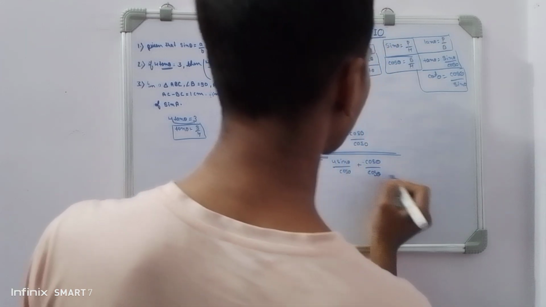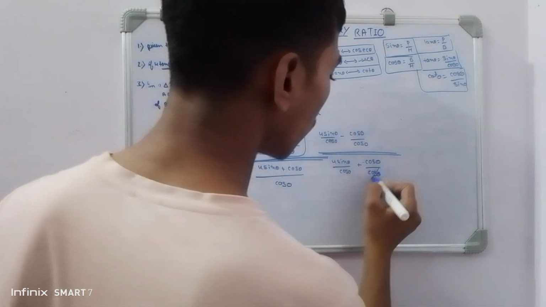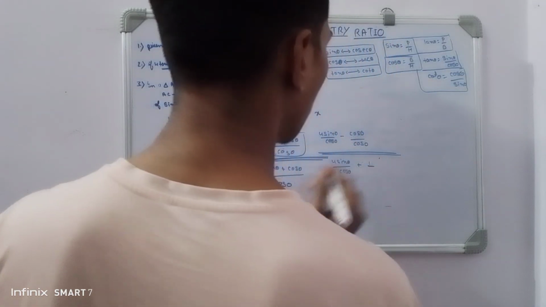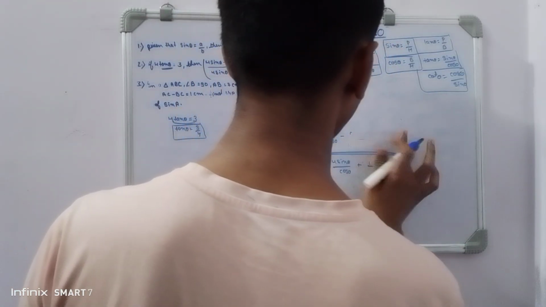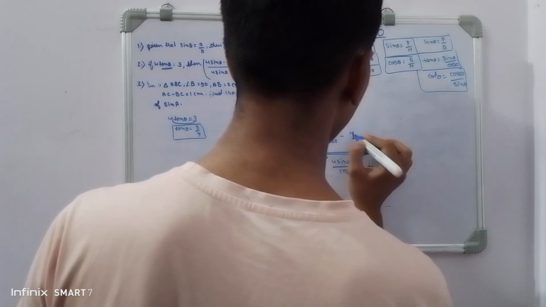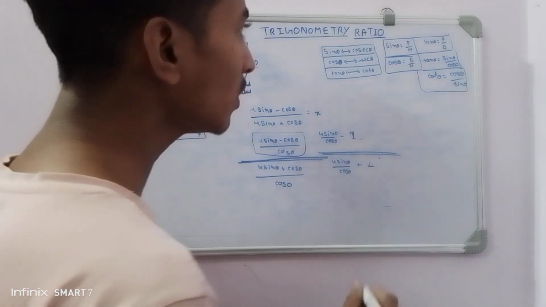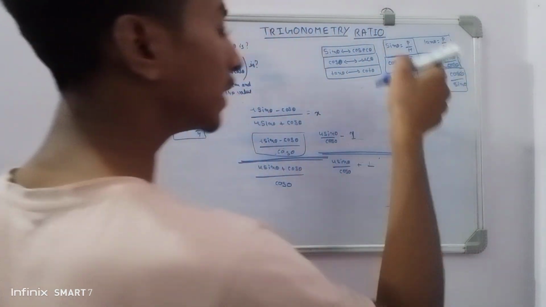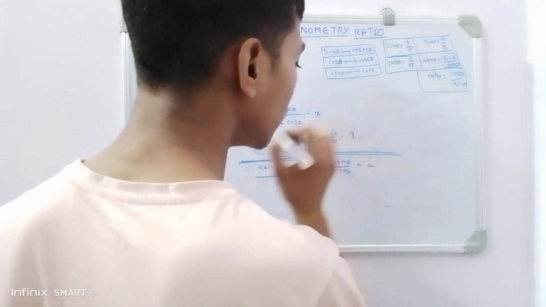As you know, cos theta will cancel out and it becomes 1, and here also cos theta cancels out and it becomes 1. And sin theta by cos theta can be written as tan theta.